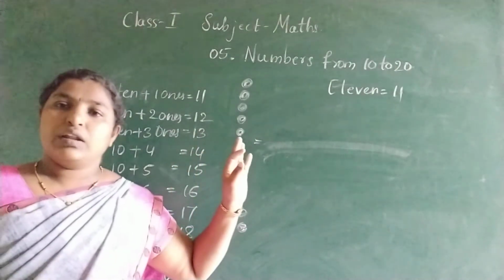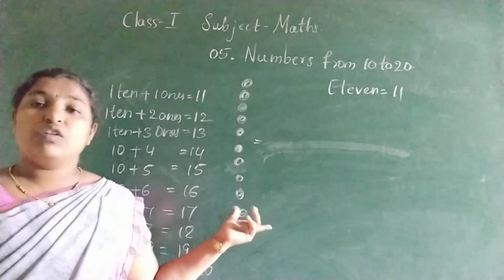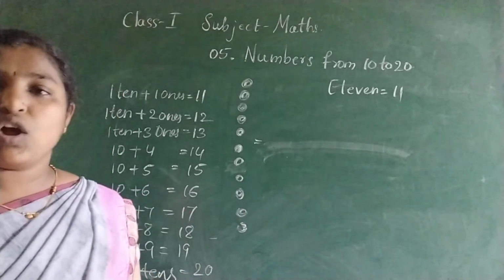This is the concept of how the numbers from 10 to 20 are formed.